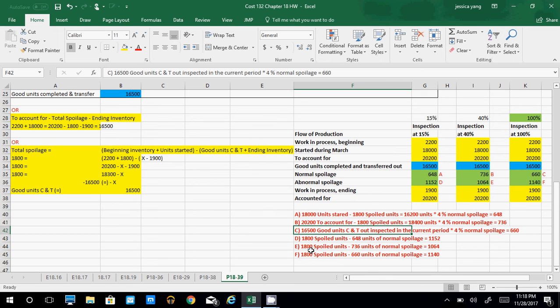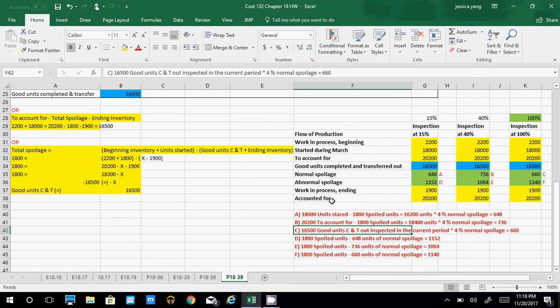To find my abnormal spoilage at the 100% level inspection, I took 1,800 spoiled units minus 660 units of normal spoilage, which gave me a total of 1,140 units for abnormal spoilage at the 100% level.